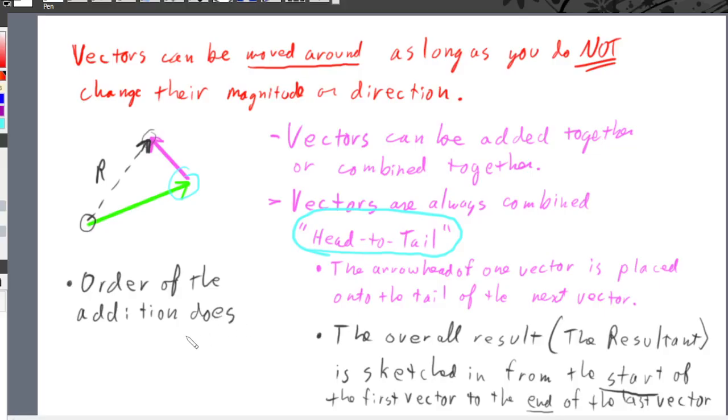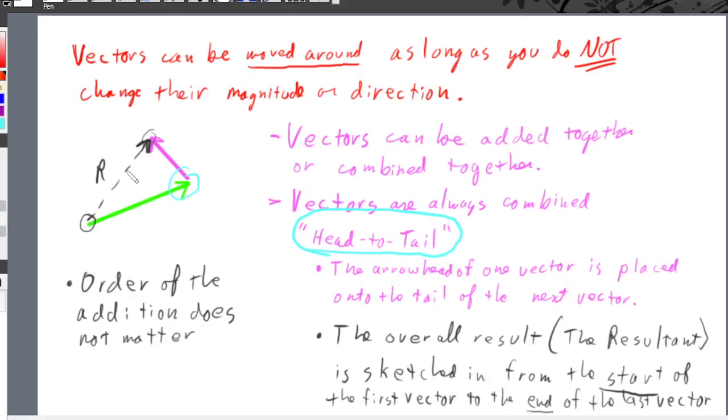You could add the green to the pink purple or the pink purple to the green, and either way you would get the same result. Because addition is commutative. 3 plus 5 is the same as 5 plus 3. We still end up with 8 either way.